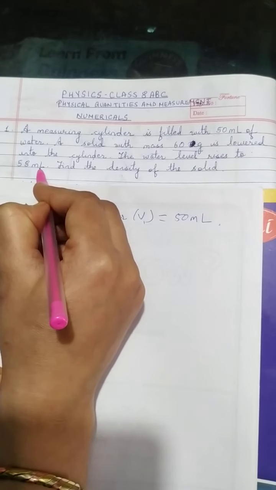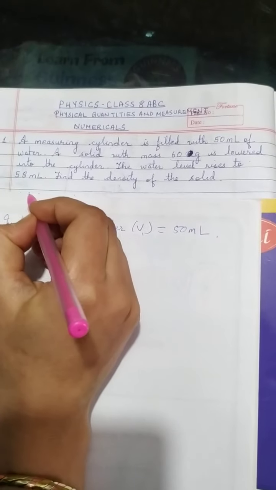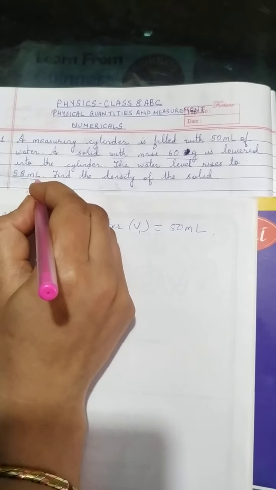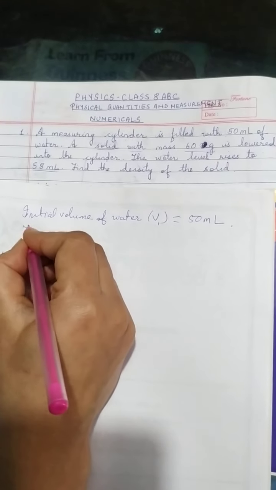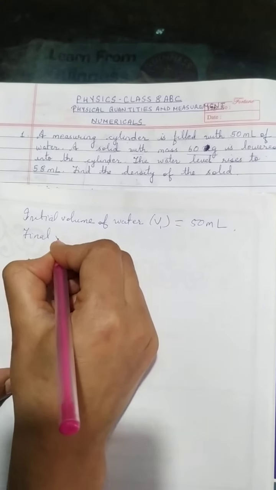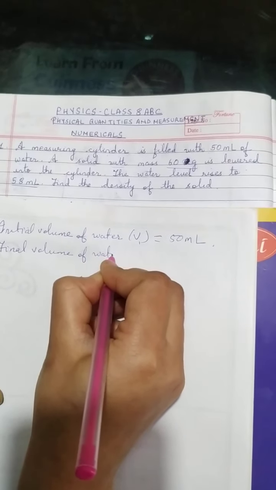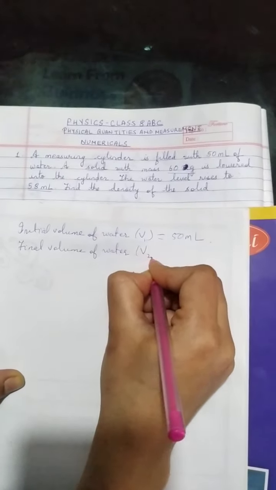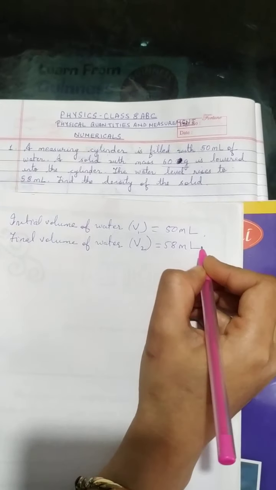Now you have not added any water here. What has made the level of water rise up? It is the solid which has made the level of water rise up to 58 milliliters. So that becomes the final volume of water, that is denoted by V2. Let it be equal to 58 milliliter.